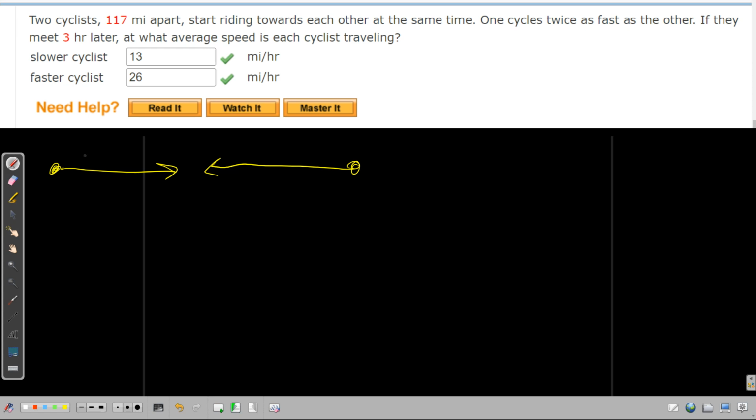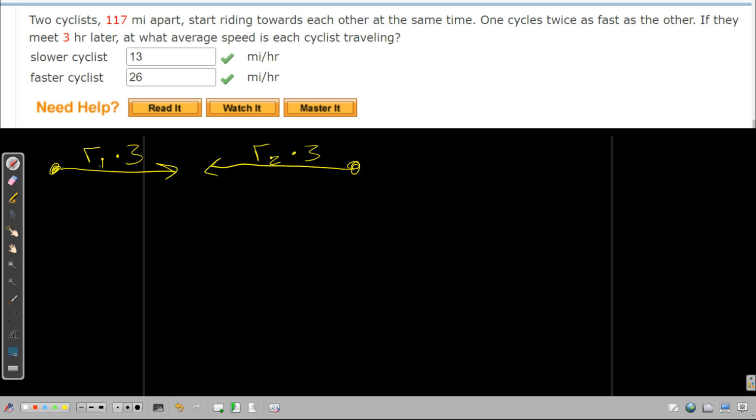So distance equals rate times time. Then the first cyclist's rate times the 3 hours, that is the distance ridden. And the second cyclist's rate times the 3 hours, that is the distance that the second cyclist rode.